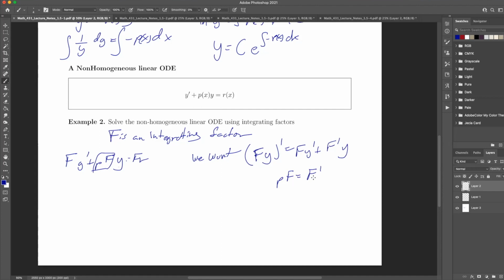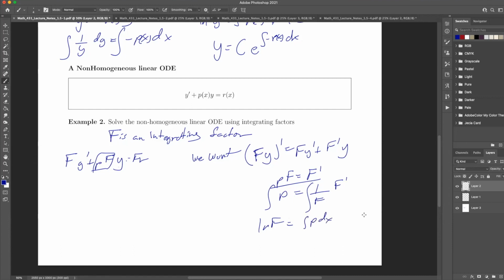But this itself is a differential equation, and we've seen this before. We know what the answer becomes. If I solve this for f, I have p equal to 1 over f times f prime. Then I just integrate both sides, and I'll have ln of f equal to the integral of p dx.